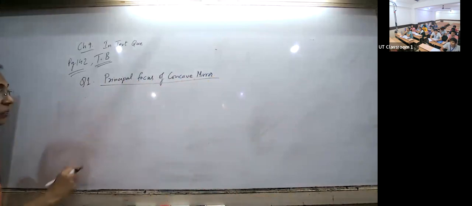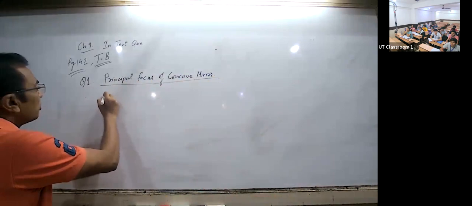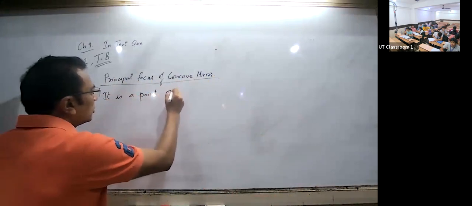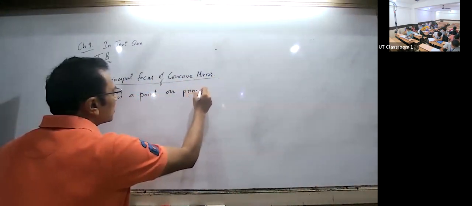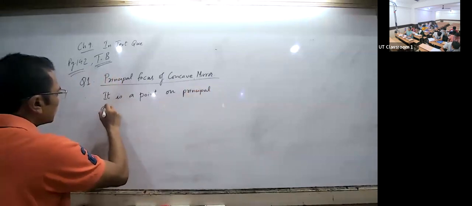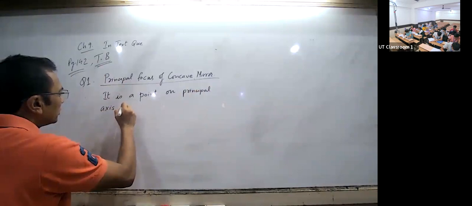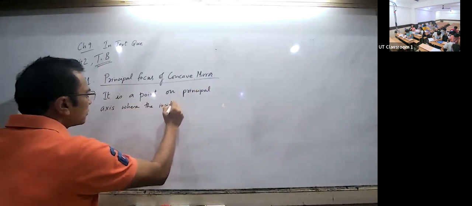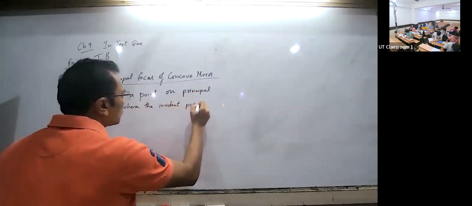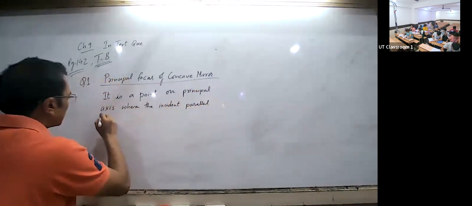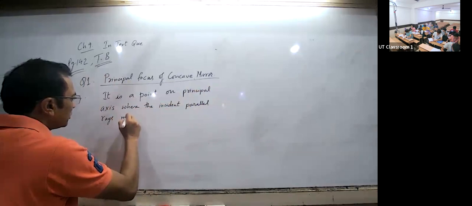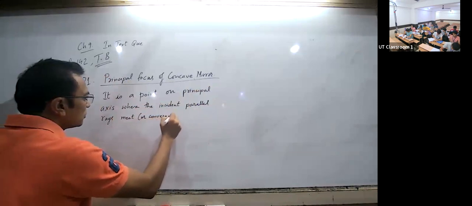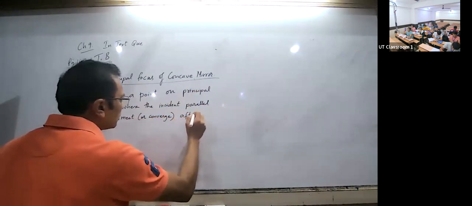So what key points should come? It is a point on the principal axis where the incident parallel rays meet, or you can say converge, after reflection.